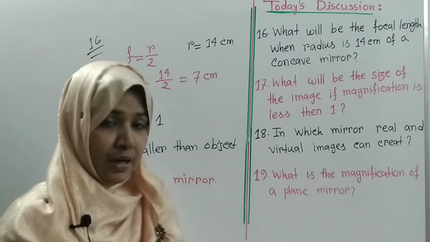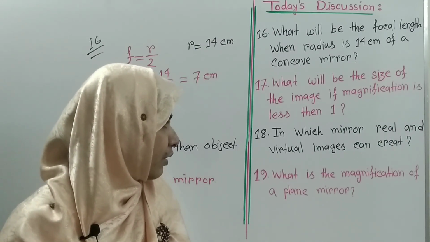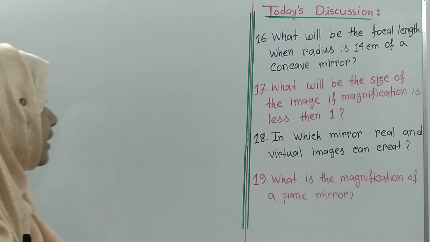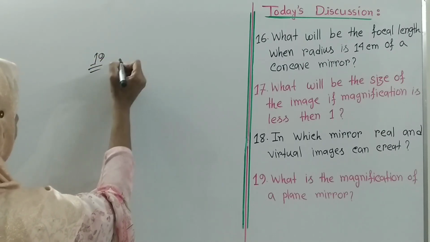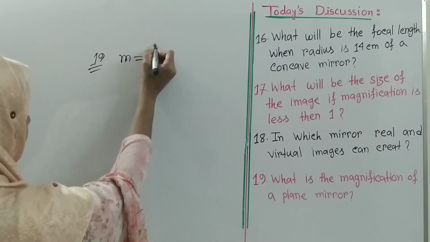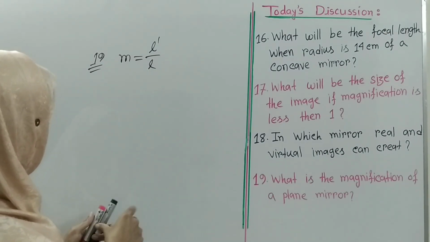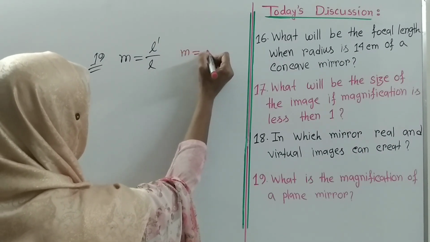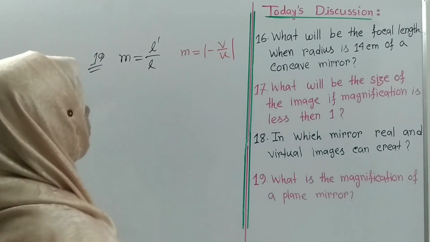Now, our last question. The question is, what is the magnification of a plane mirror? You know that there are two formulas to calculate magnification. One is m is equal to L prime by L, and another one is m is equal to modulus of minus v by u.